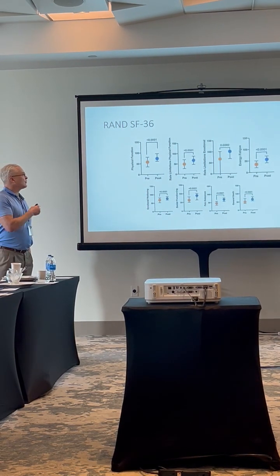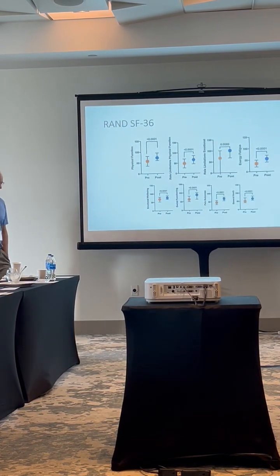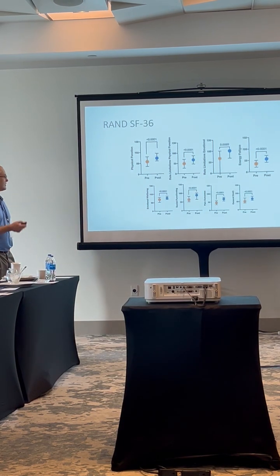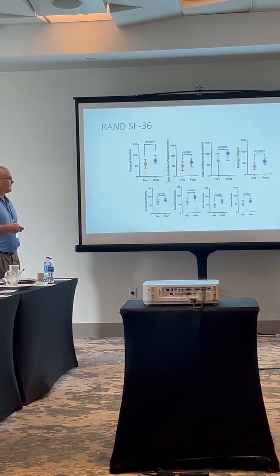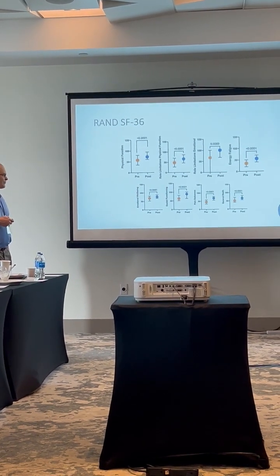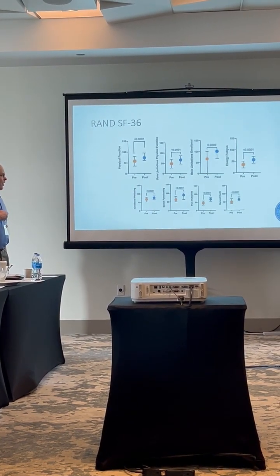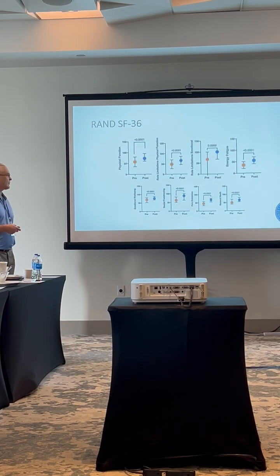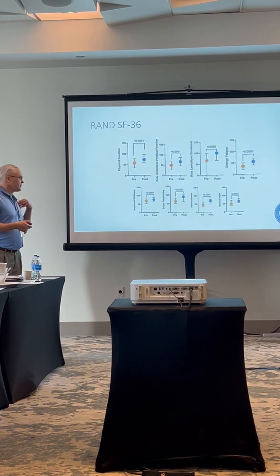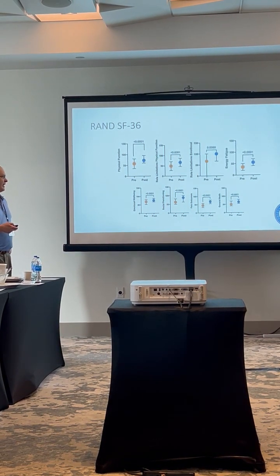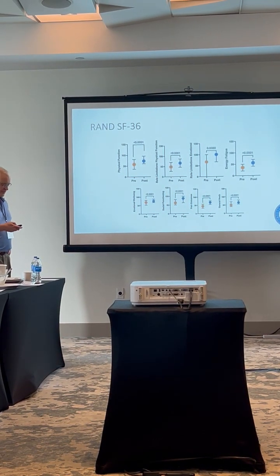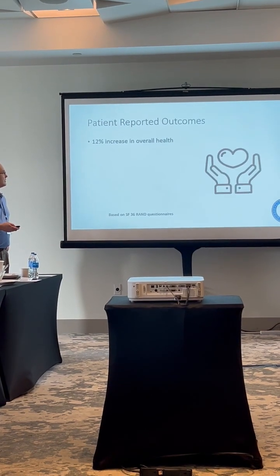And then we looked at these quality of life measurements as well, the SF-36, which is widely used in research. On all the domains of health, from overall physical function to general health, pain outcomes, energy and fatigue, they all improved significantly.